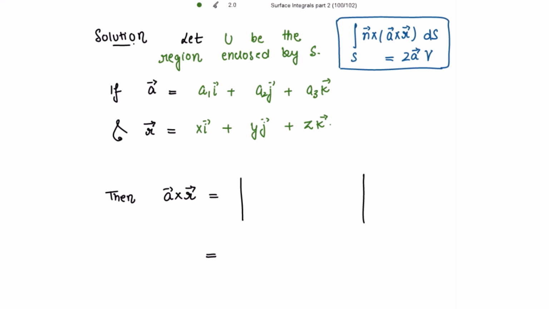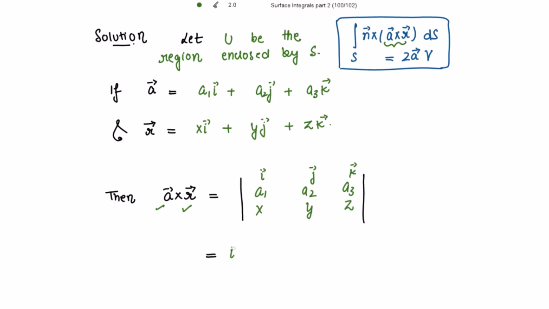To evaluate this surface integral, let's first find the cross product of a vector and r vector. Writing here i vector, j vector and k vector, then the components of a vector, that is a1, a2, a3, and then the components of r vector, that is x, y, z.